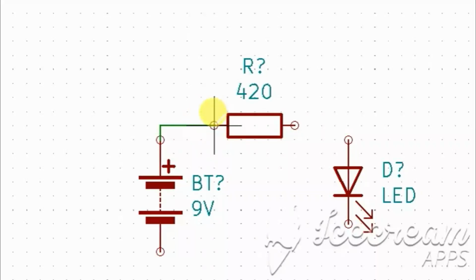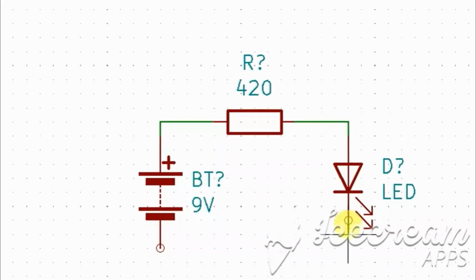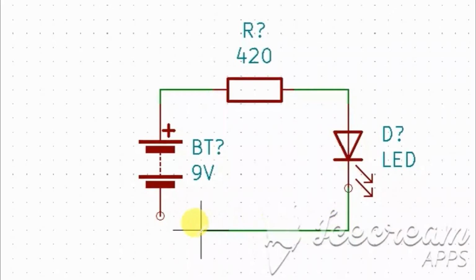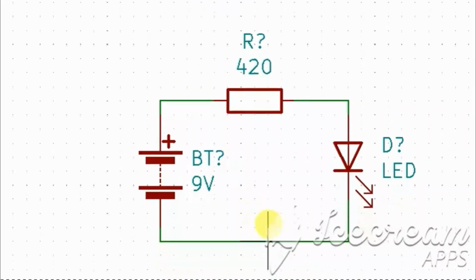Next click this end, and again go to the next place, click this place and draw the wire, and click at the corner. Again draw to this place, and next draw this side, and click the end point. This circuit is drawn completely.